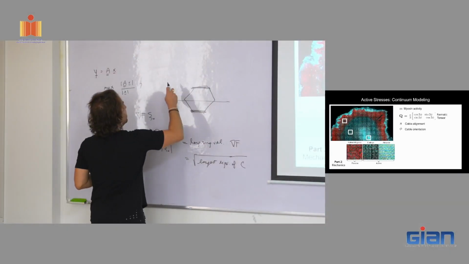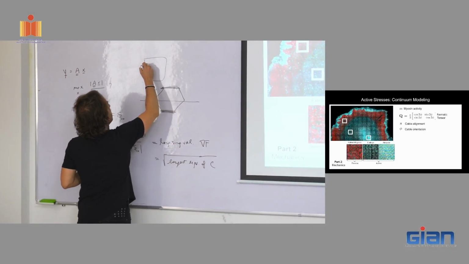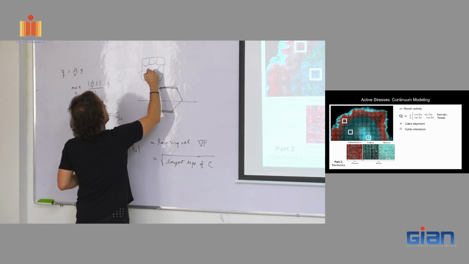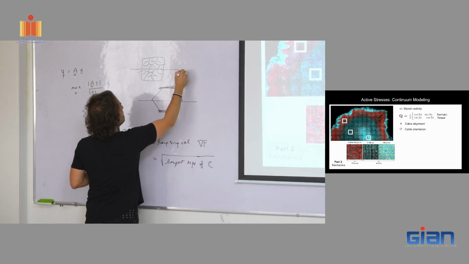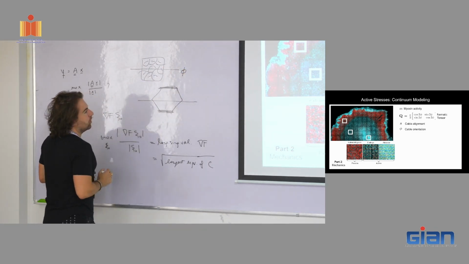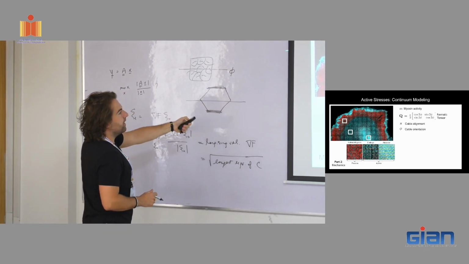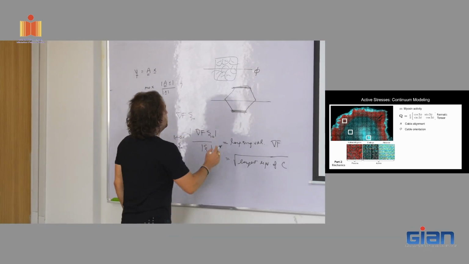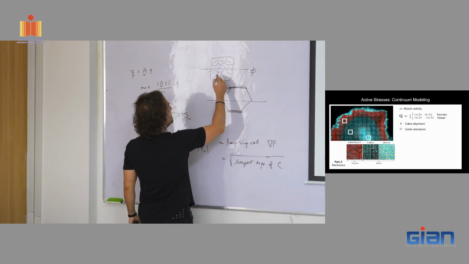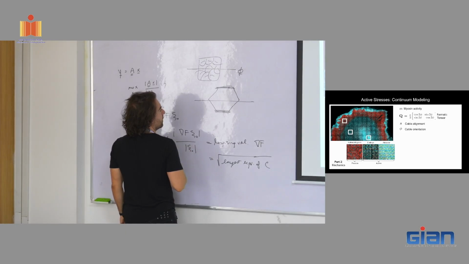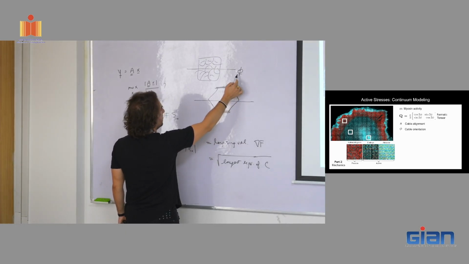on a control volume, where these are all the cells. Each of them will have a particular preferential orientation of myosin. You do this average, and you pick the average value of these cables. Then S tells you: if S is equal to 0, they are all randomly oriented, so there is not even a well-defined mean.